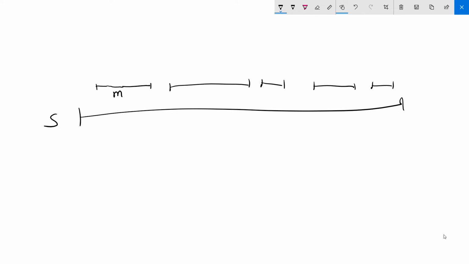So maybe M prime looks like this. This is M prime. So do you see why it's safe to kick out M and stick in M prime? We know M didn't conflict with any of the other meetings in this set. There's no way M prime is going to conflict because it stops even earlier. And so we've transformed it into a set that is an optimal solution and contains the greedy choice.